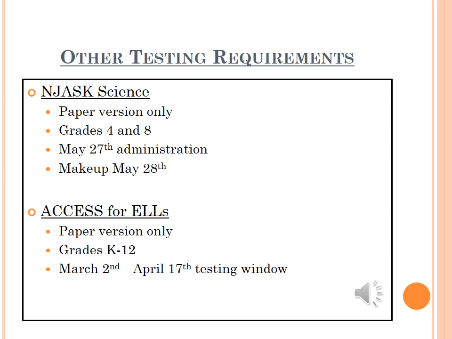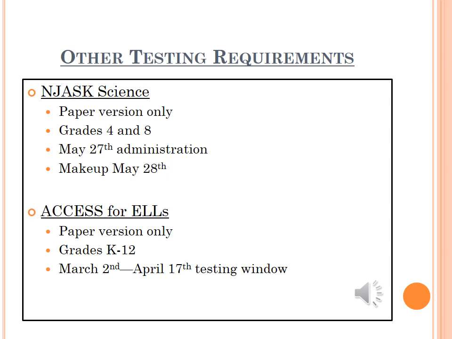In addition to the NJASC Science, access for ELLs will be taken by all of our English language learners. This test will be given as a paper version only and will apply to all English language learners in grades K to 12. The dates for the access test unfortunately overlap with the PARCC Performance-Based Assessment, PBA.